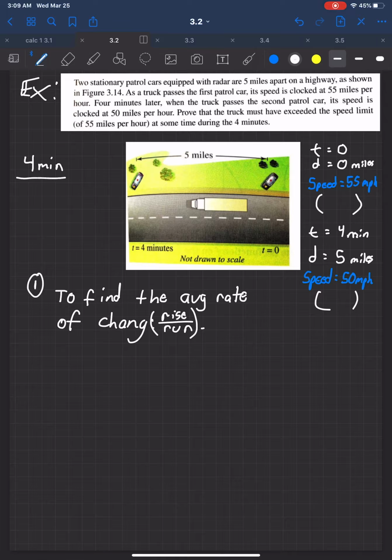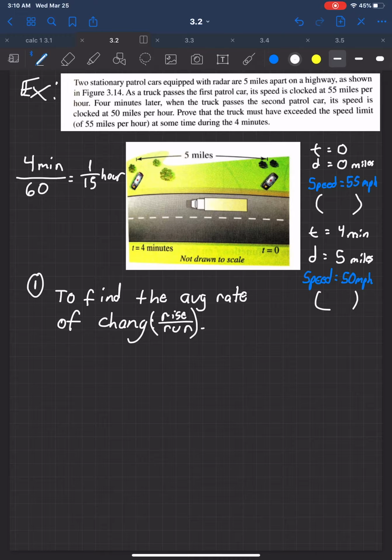So 4 divided by 60, that would mean that was 1/15 of an hour. You with me? So 1/15 of an hour, 4 over 60.